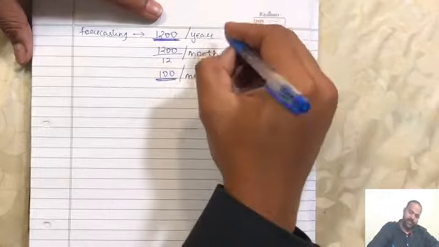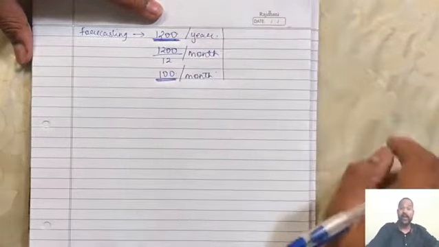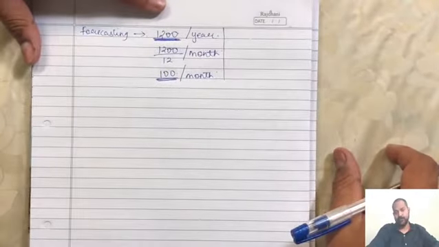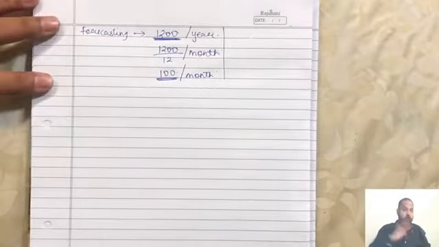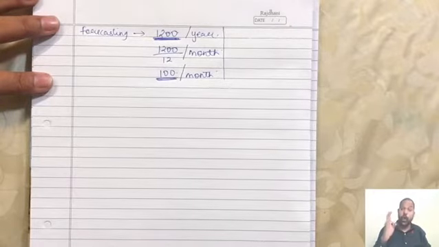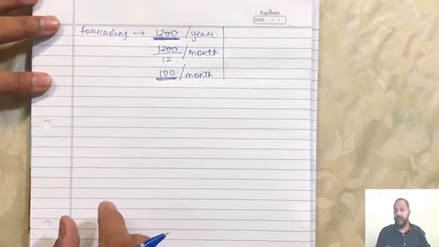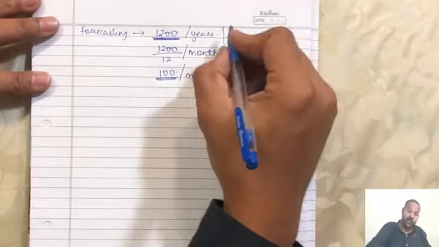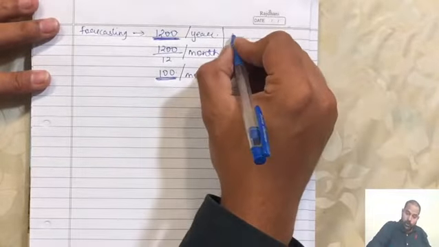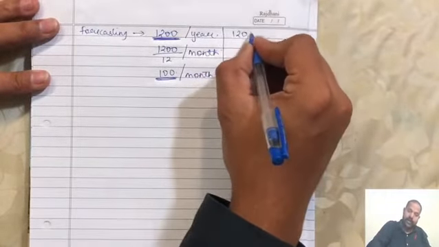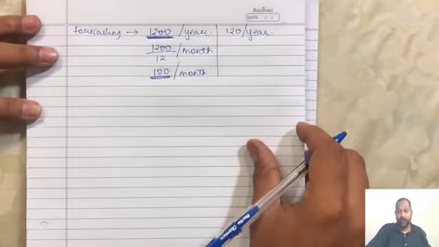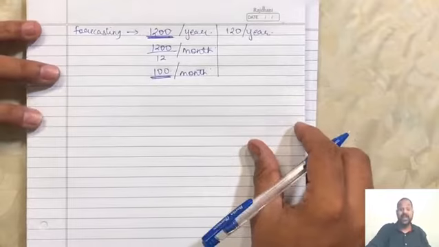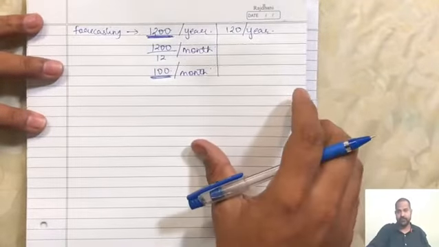Let me change the example. You are a wedding planner. You have planned a certain number of weddings in the past few years. And now, depending on that pattern, your forecasting manager tells you that in the next year, you will do a total of 120 weddings. So this is my forecasted demand or my forecasted sales in the next year.